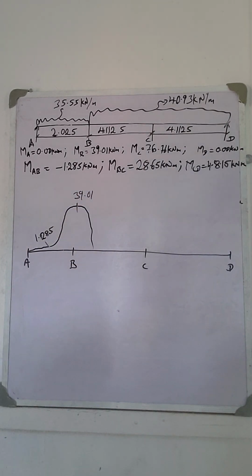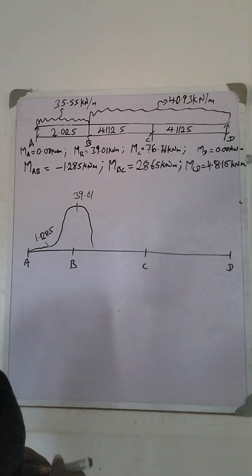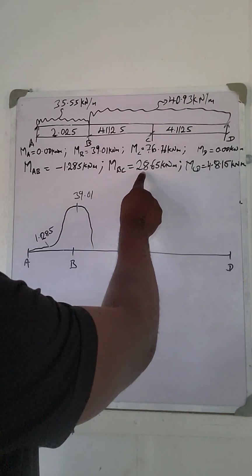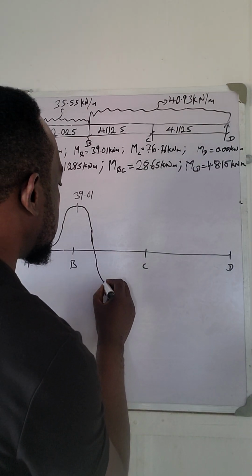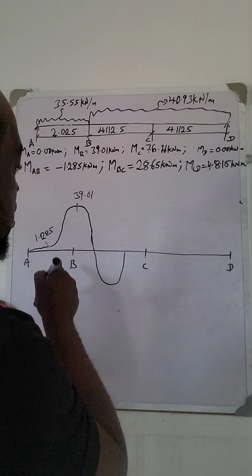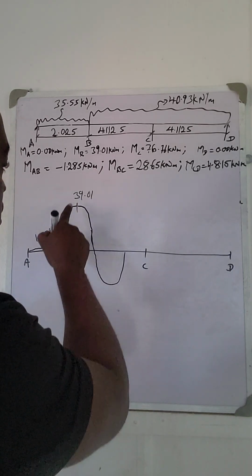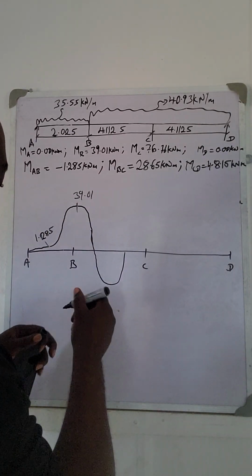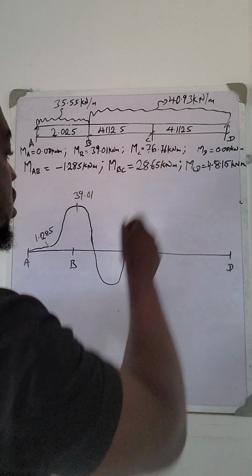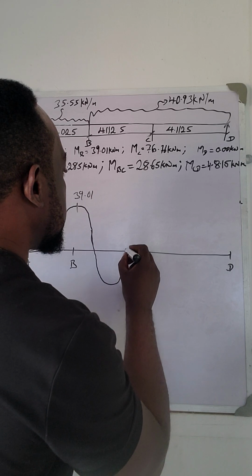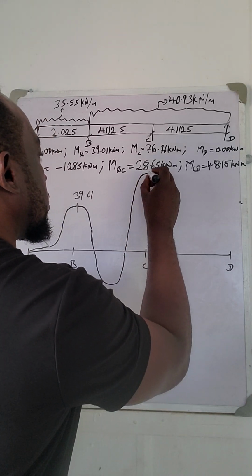Now between B and C, we have 28.65. So let me draw 28.65. It's not as deep as 39.01. So now we have point C to be 76.76.